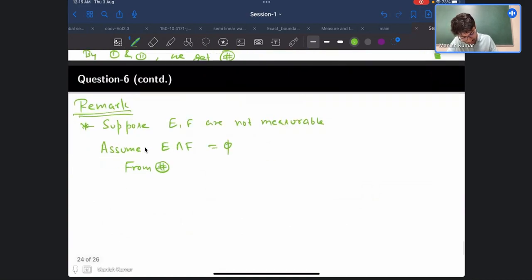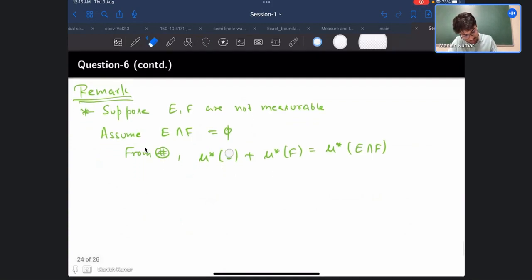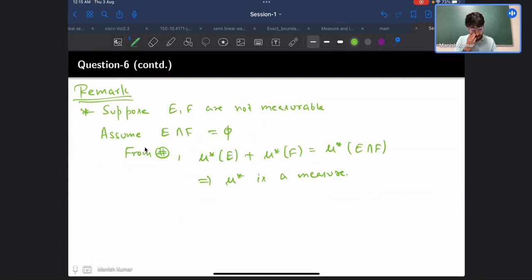Okay, so from hash what we get is mu star of E plus mu star of F is equal to mu star of E union F. Now what does that mean? This implies that mu star is a measure, right? Because the only difference between outer measure and measure was that outer measure was countably sub-additive, but the measure was additive.